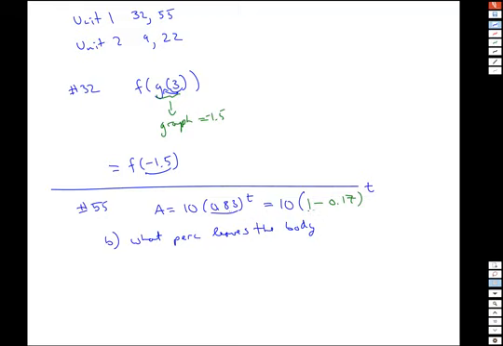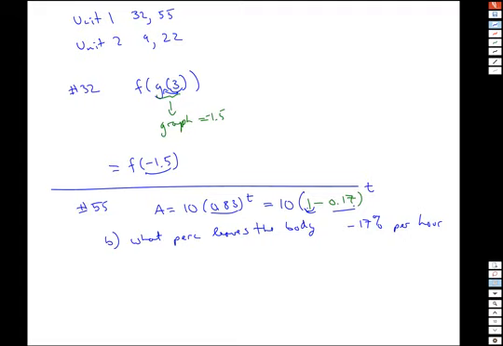Everything we talk about is relative to 1. So the way you get 0.83 is 1 minus 0.17. And the way I would interpret that is I'm going to have the same amount minus 17% per hour. So that would be my quick and dirty calculation that would give me the answer to this question.